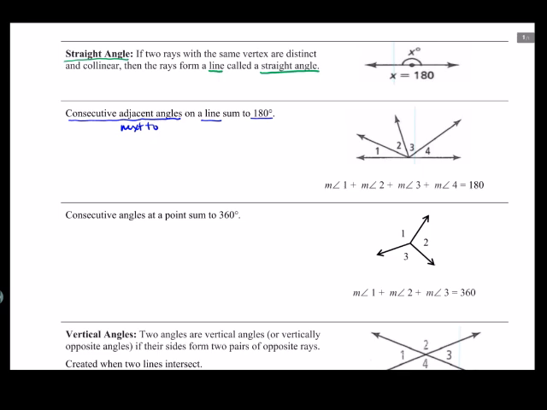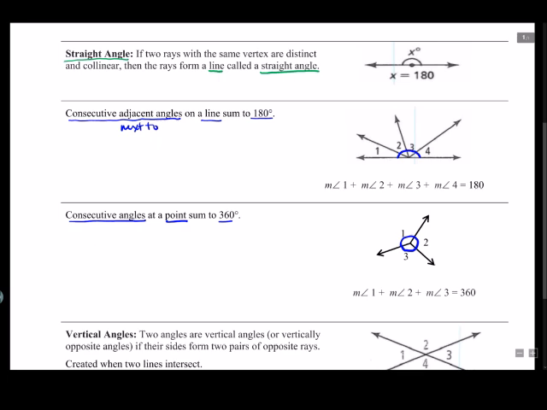A very useful idea. Now another one: consecutive angles at a point sum to 360 degrees. Now this one's pretty straightforward as well, because 360 degrees is a circle, right? We have a circle here. And so we can say the measure of angle 1 plus the measure of angle 2 plus the measure of angle 3 equals 360 degrees, just like we have a line here.